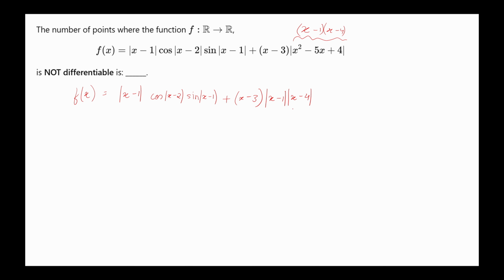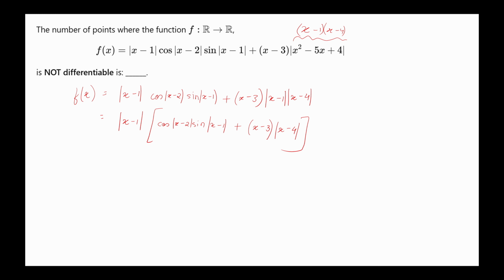Now you can see that I can take x minus 1 common from these two terms. If I take x minus 1 common, what am I going to be left with? This would become cos of x minus 2, sine of x minus 1, plus x minus 3, x minus 4.